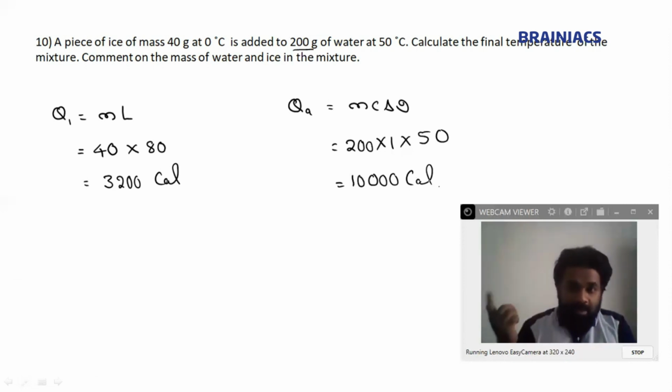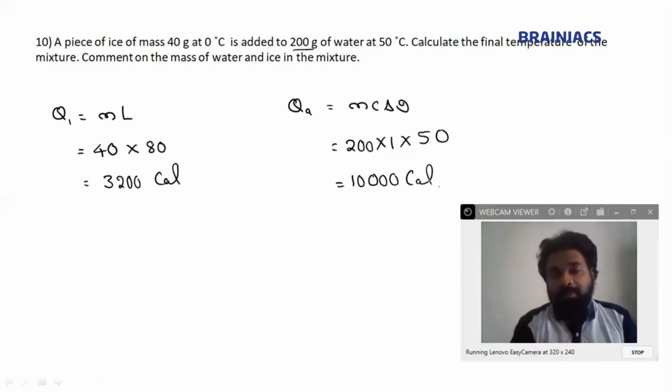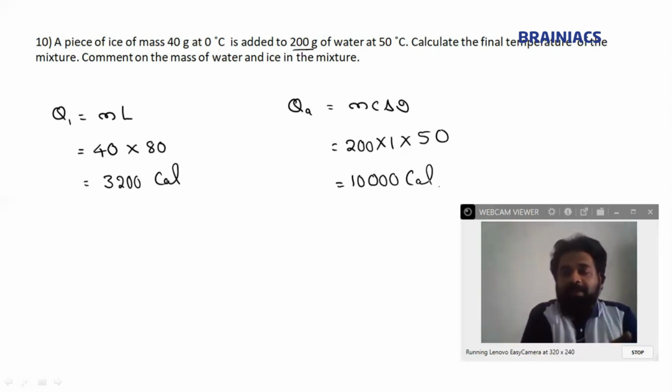The other side, if water becomes 0 degrees Celsius, 10,000 calories will be liberated. So if it delivers 10,000 calories, then no one is there to take. This ice to become water, only 3,200 calories is required. Okay, only that much is required. So 10,000, no one is there to take.